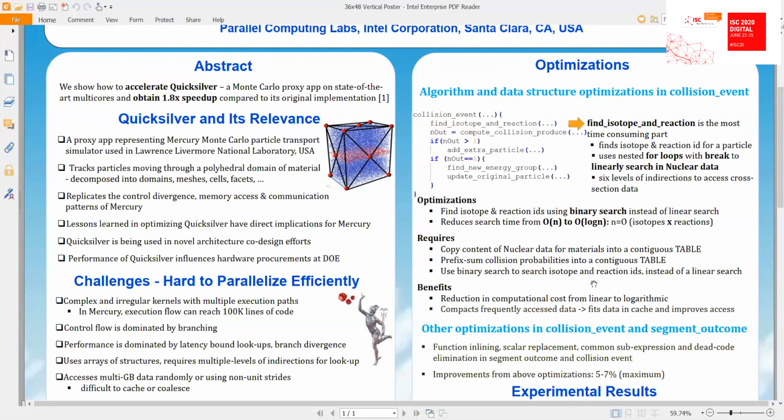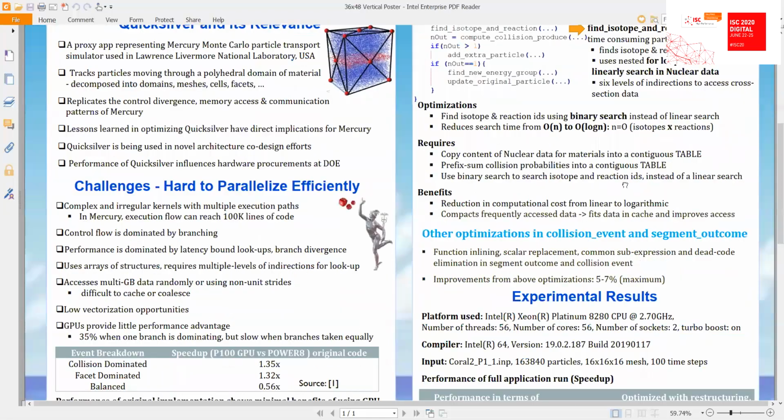This allowed us to do a binary search over the new prefix summed table to find isotope and reaction IDs. This improved the performance by reducing the computational cost from linear to logarithmic, and the newly created data structures are also more performant than the original one because they are more compact, and it improves caching efficiency.